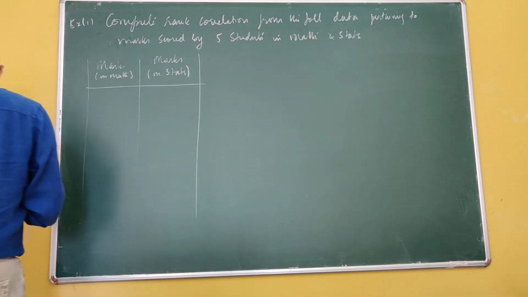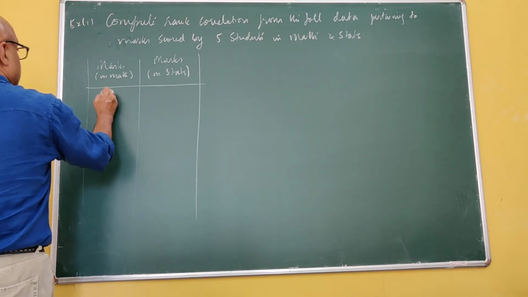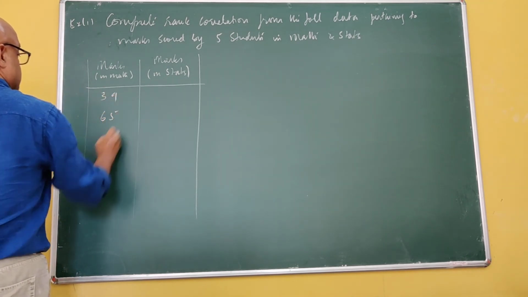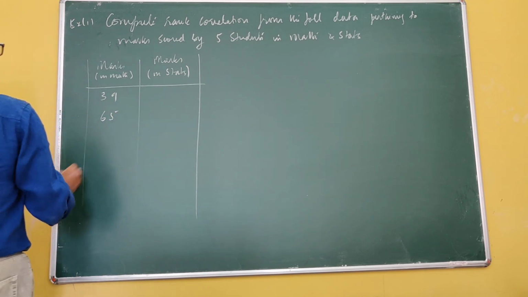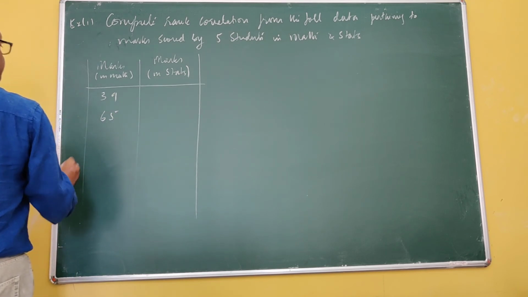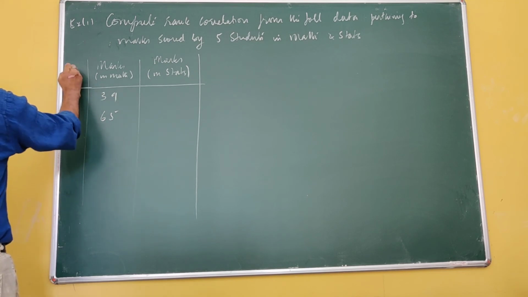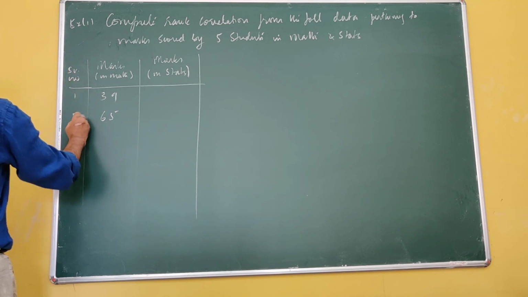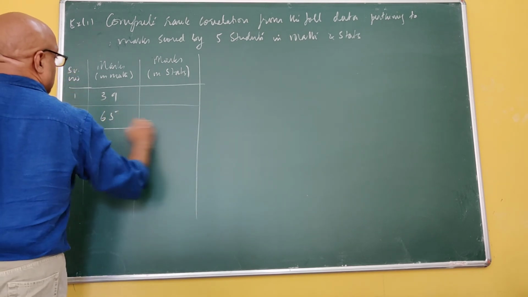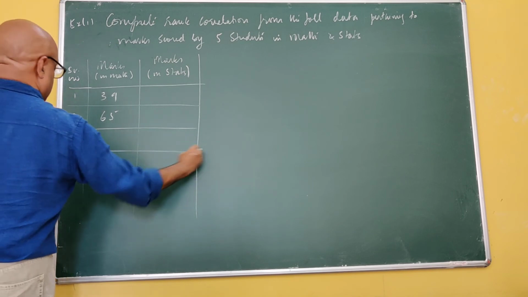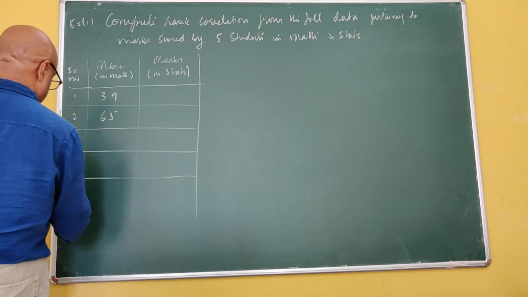Five students are there, and let's say serial numbers are given as 1, 2, 3, 4, and 5.